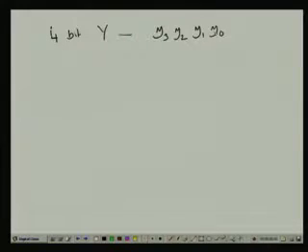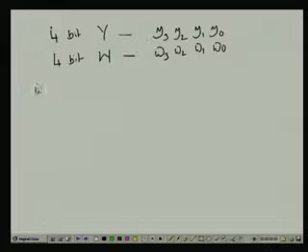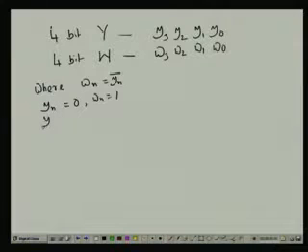Say I am considering another 4-bit w as w3, w2, w1, w0, where wn is yn bar. So, that means if my yn is 0, wn will be 1. If my yn is 1, wn will be 0.